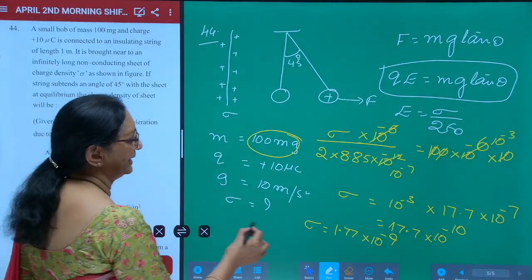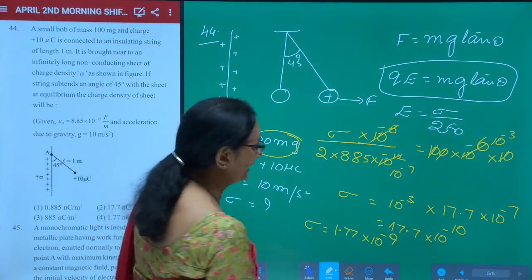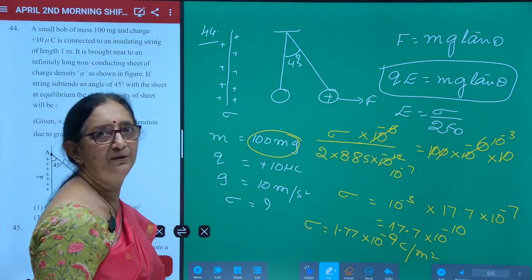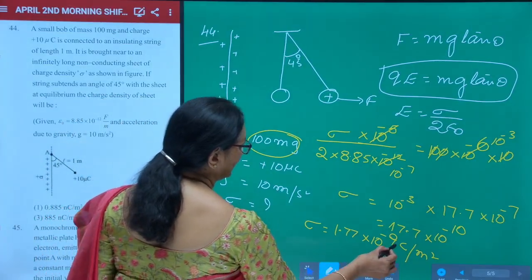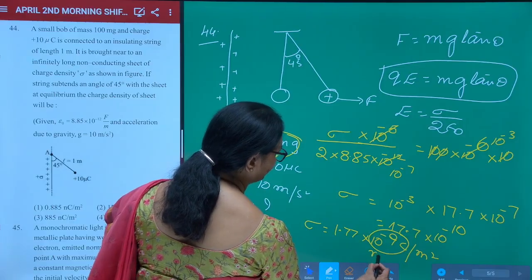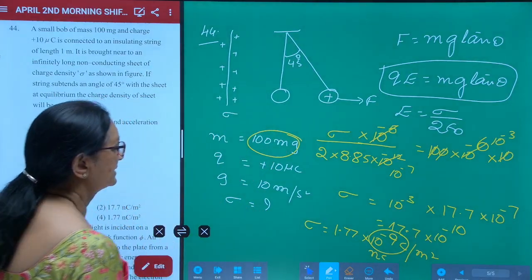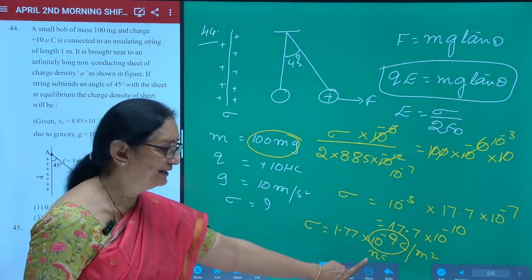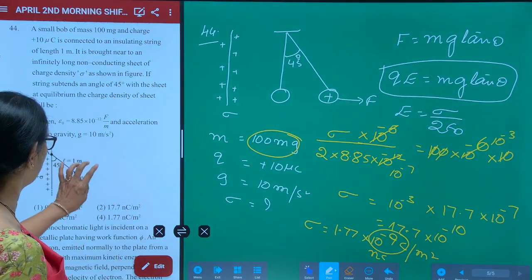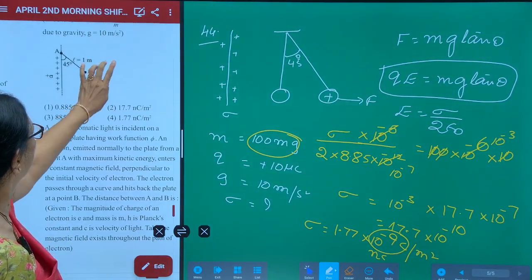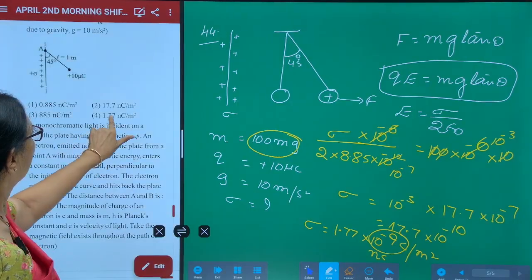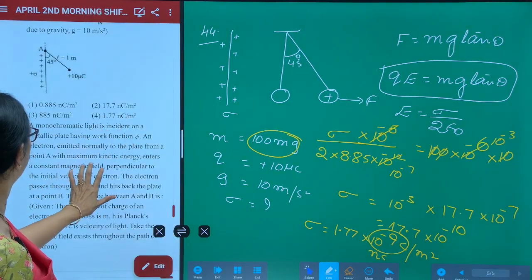And surface charge density means coulomb per meter square, but 10 power minus 9 is nanocoulomb. So 1.77 nanocoulomb per meter square is the surface charge density. So the correct option is the fourth option, 1.77 nanocoulomb per meter square.